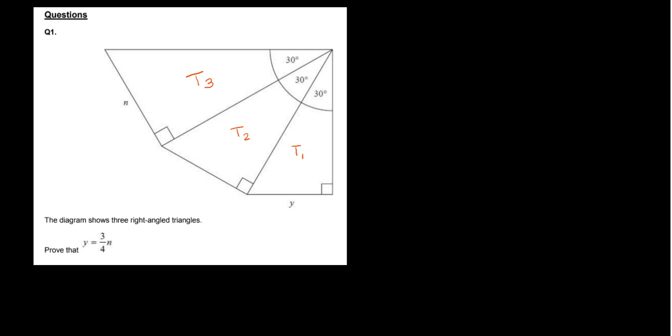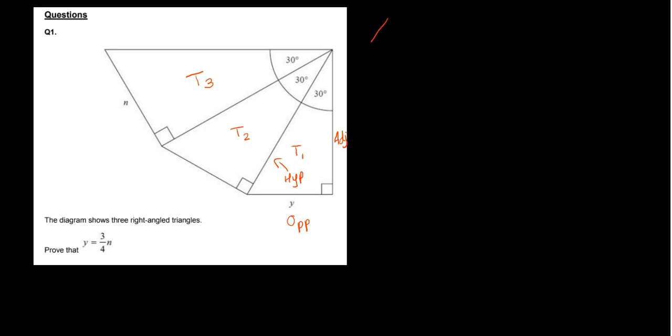Alright, so in triangle 1, which is this right angle triangle here, let's label it. So this 30-degree angle, the side opposite it is y, the side adjacent it is this one here, and this would be your hypotenuse. Okay, I'm going to try and find the hypotenuse.